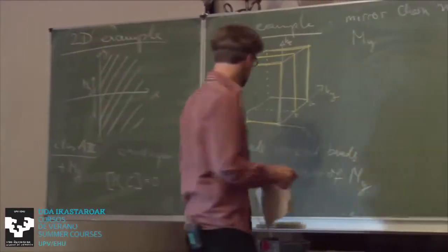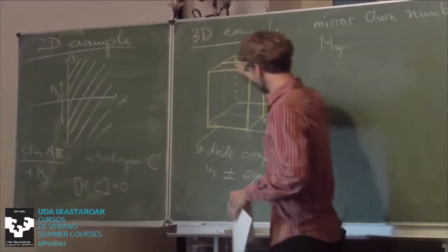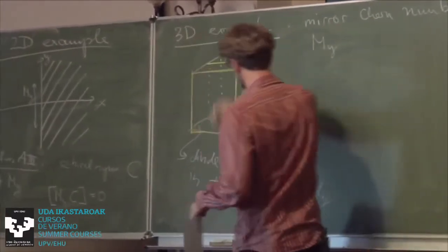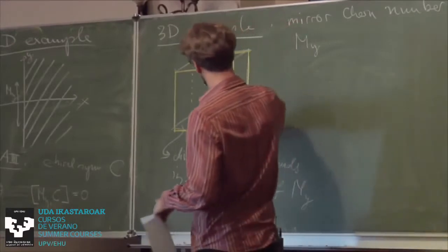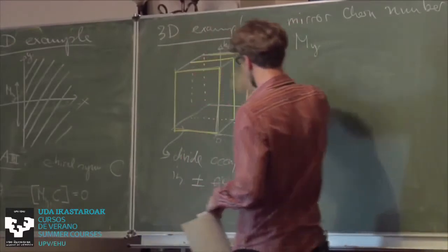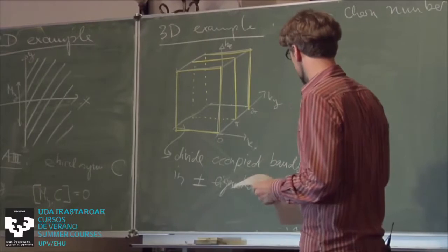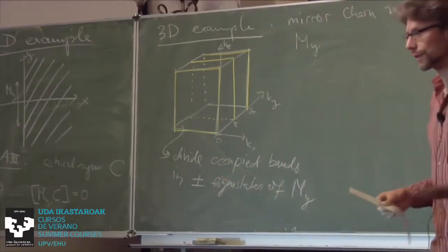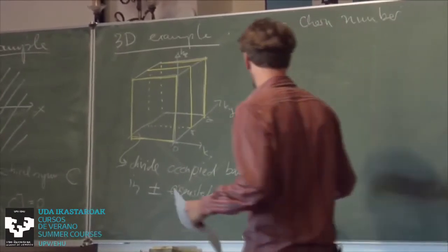Then I have a two-dimensional manifold of states, living on a 2D manifold, Kx, Kz. And I can ask what is the Chern number in each of the two subspaces.